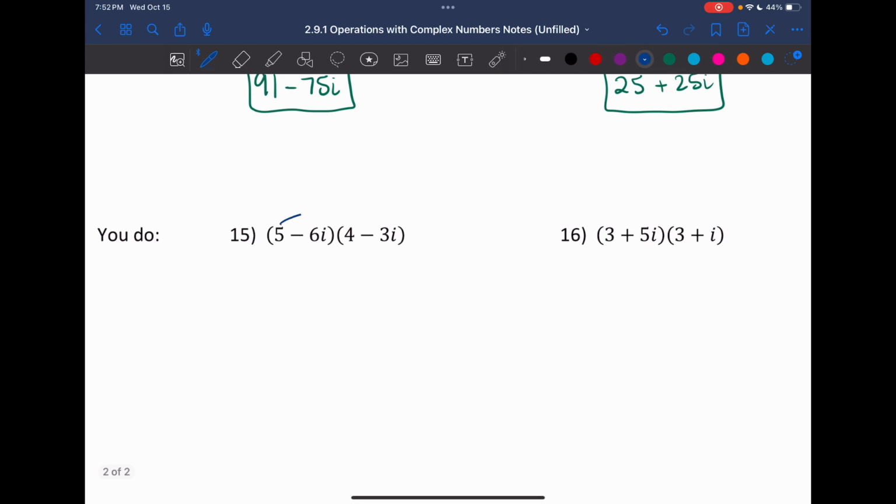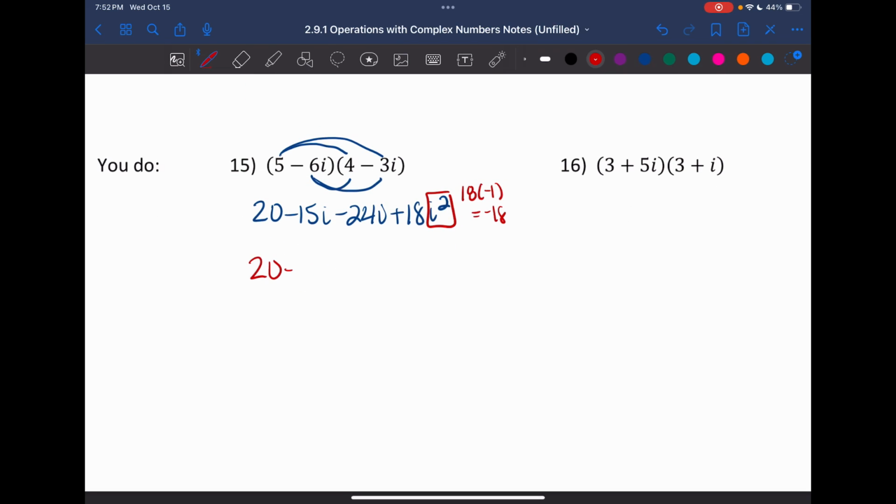So let's go ahead and show you how to get the right answers. 5 times 4 is 20. 5 times -3i is -15i. -6i times 4 is -24i. -6i times -3i, positive 18i squared. Change the i squared, so it's 18 times -1, it's -18.